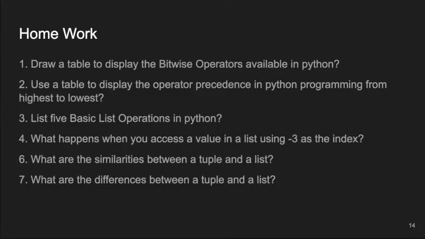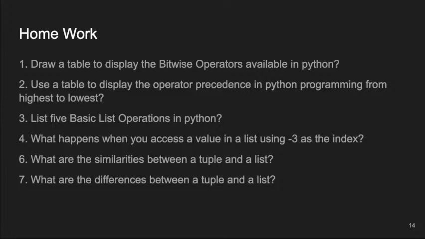For example, if you have an arithmetic expression with plus, minus, divide, which one does the interpreter do first? Will your Python interpreter do the division before plus and minus? That's what we call operator precedence. You need to know that. You can practice to see what you get.